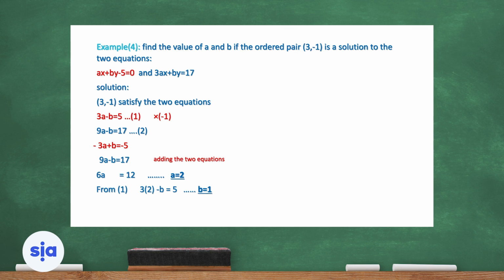And I will use this now as equation 1. In the second equation, it will be 3, and here is the 3 instead of x, a, plus -1b equals 17. So, yes, exactly. 9a minus b equals 17, and then we're going to call this equation 2.